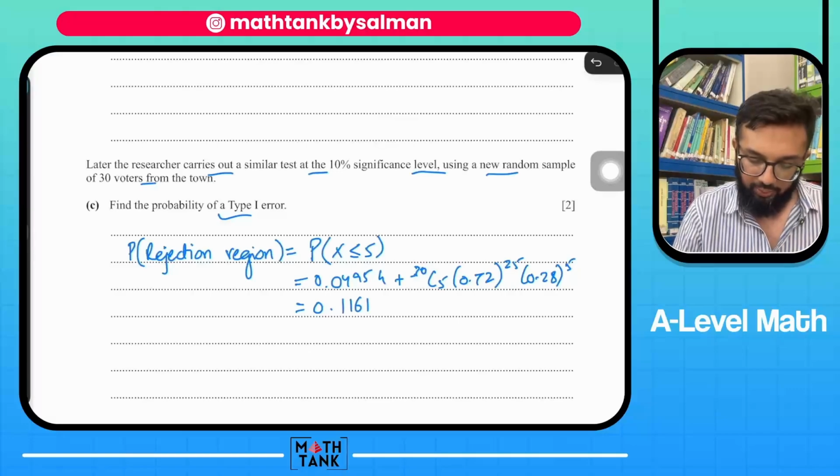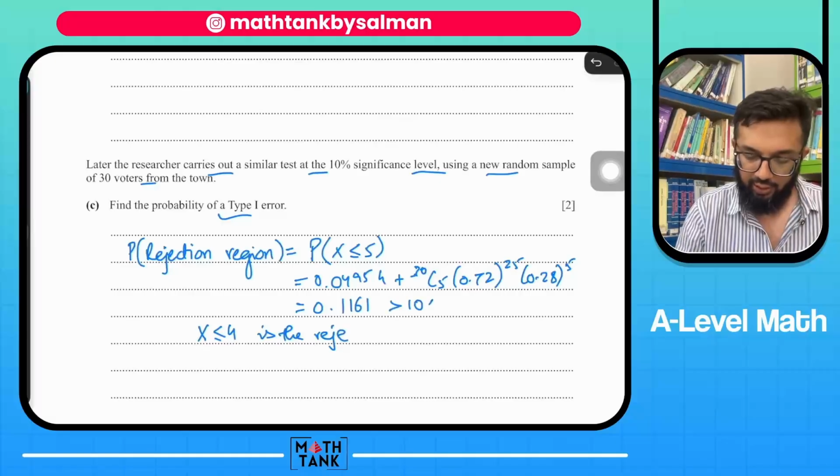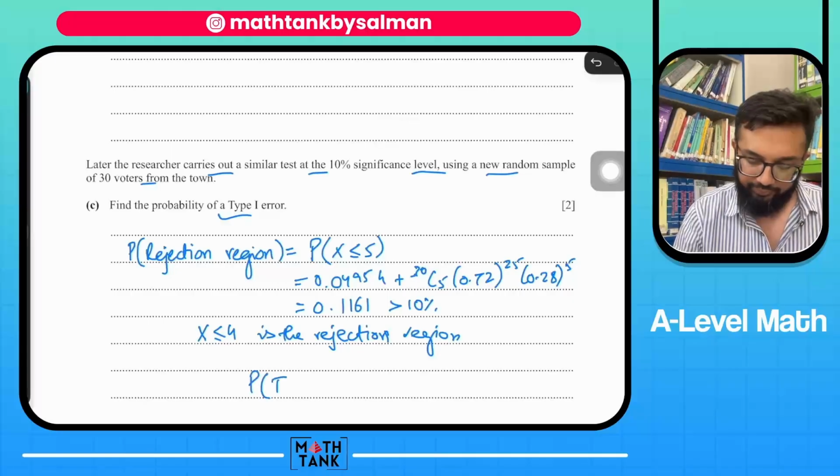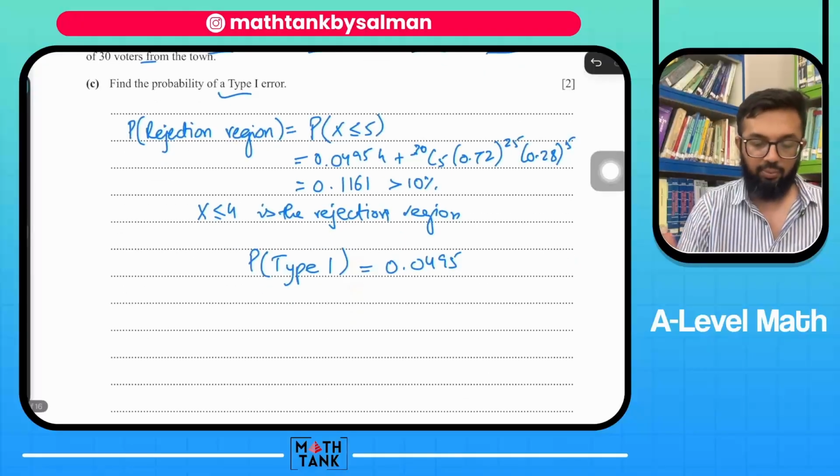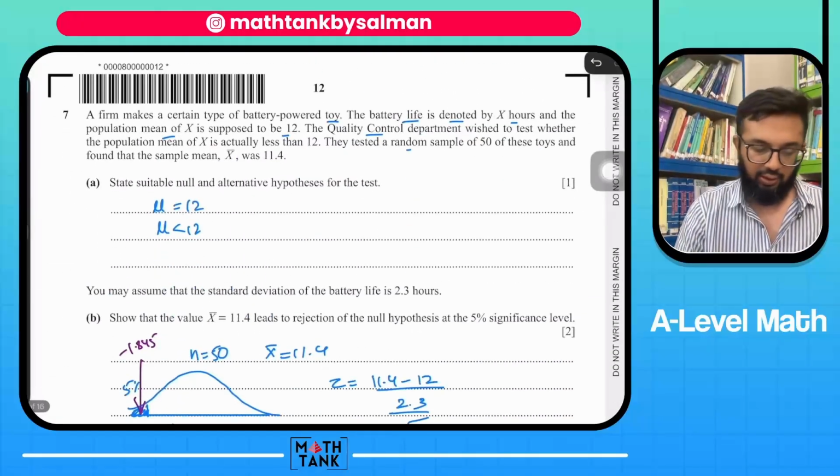Okay, so I'm going to say that x less than or equal to 4 is the rejection region then, because this is greater than 10%. And the probability of type 1 error is equal to 0.0495 only. Okay, that's the same probability that you found earlier, but you have to do a bit of trial and error before you can conclude that. You can't just directly write that.